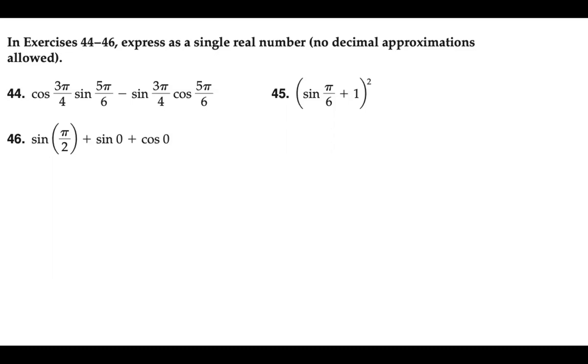Cosine 3 pi over 4, but do not forget to use brackets for 3 pi over 4. Then times sine, open a bracket, 5 pi over 6. Then minus sine, open a bracket, 3 pi over 4.